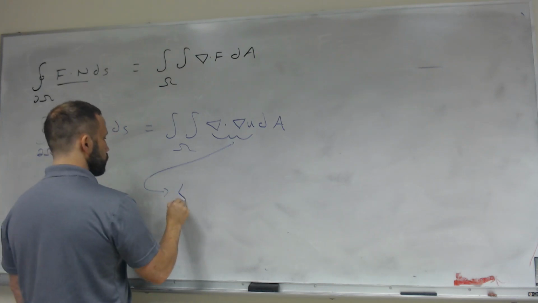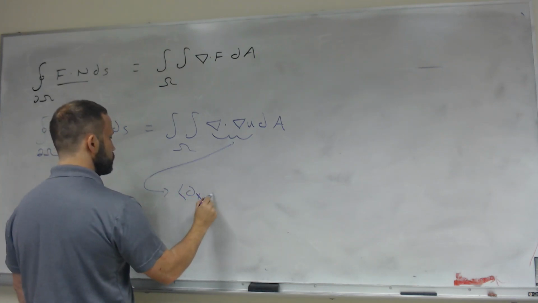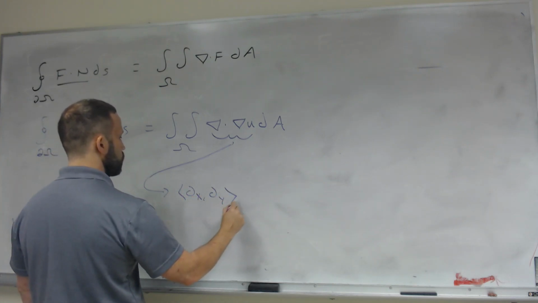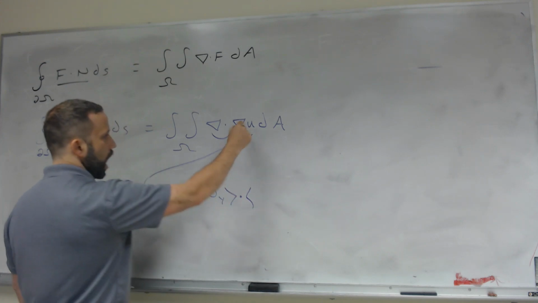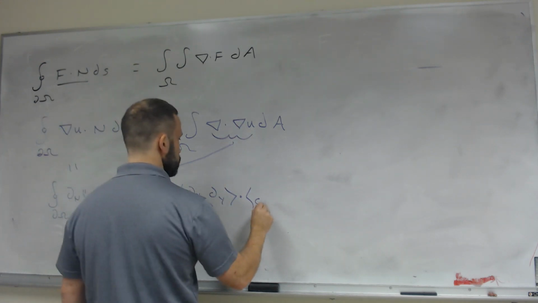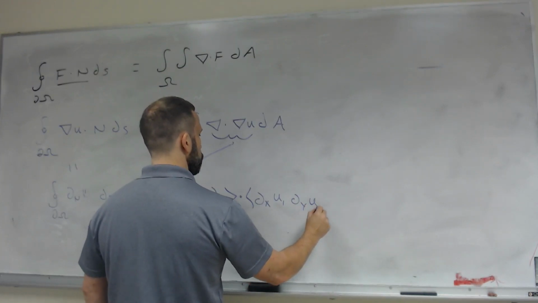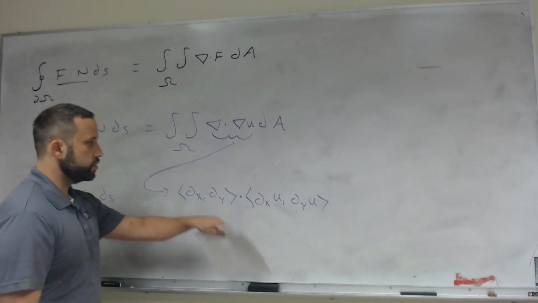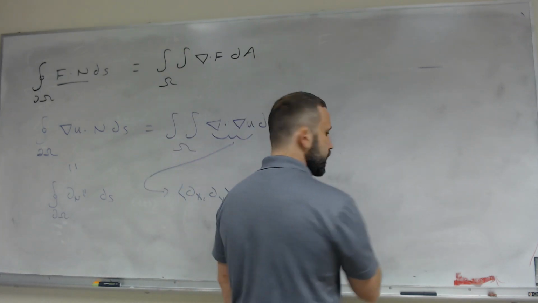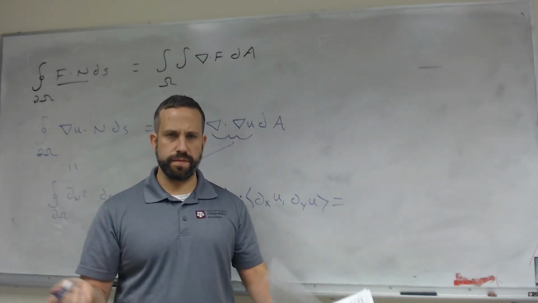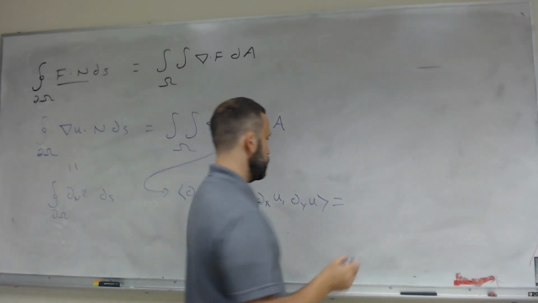Okay, so the outer gradient is going to be this partial derivative operator. And now we're dotting with the gradient of u, which is just the x derivative of u, the y derivative of u.